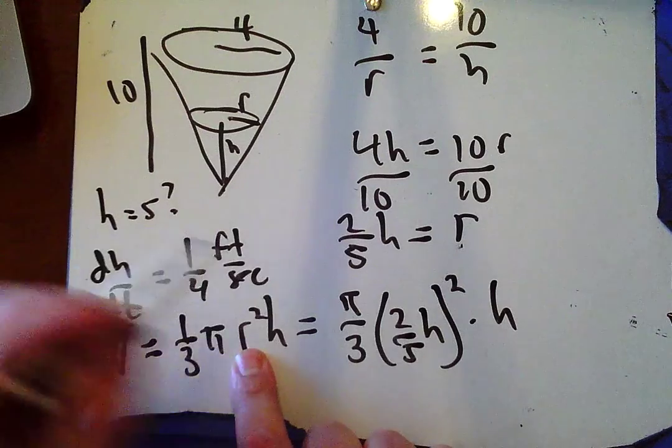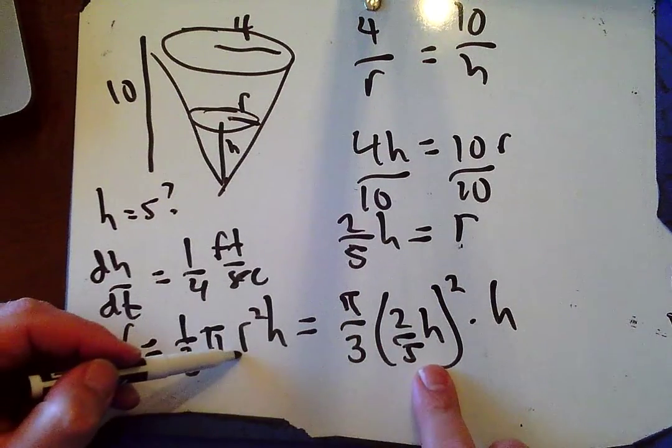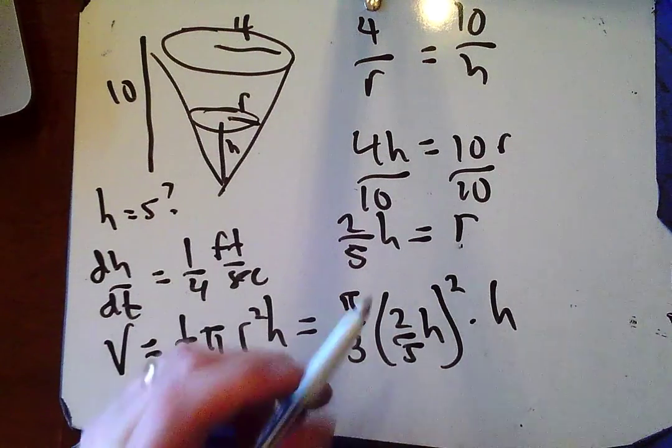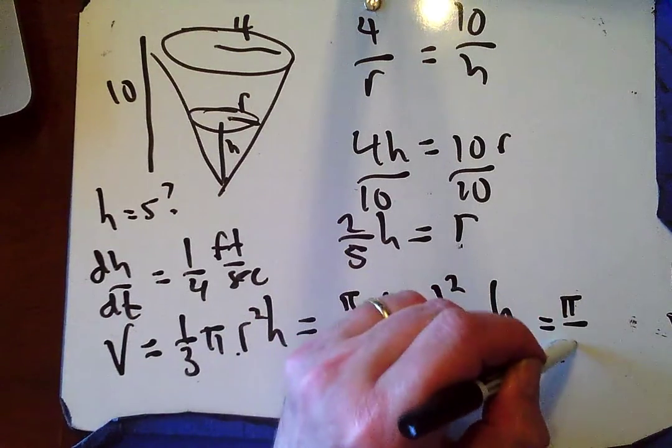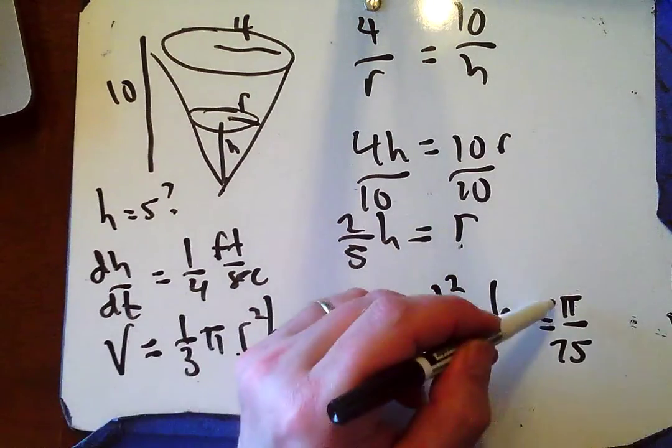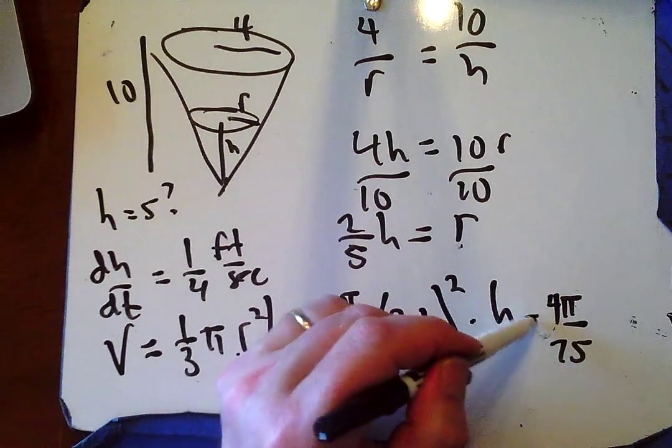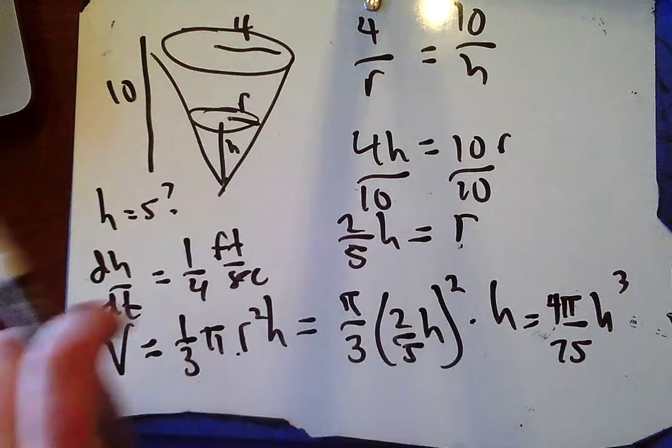We're replacing this R with what R is equal to. We still have that H. So it's going to be 4 over 25, or pi over 75. Wait a second. 4 pi over 75, h to the third.